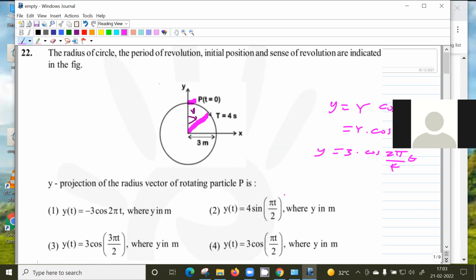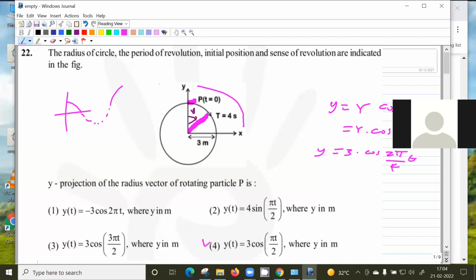So the plus and minus sign is confusing. Basically at the initial time, in the first quadrant, the projection of y is positive. Cos is positive in the first quadrant, and the cos graph is like this, no? Second quadrant, third quadrant, and the fourth quadrant. In the first quadrant it is positive. Yes, sir.